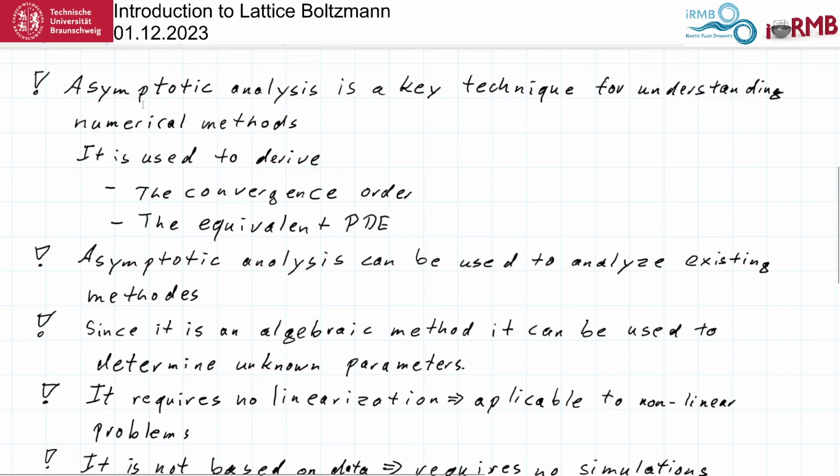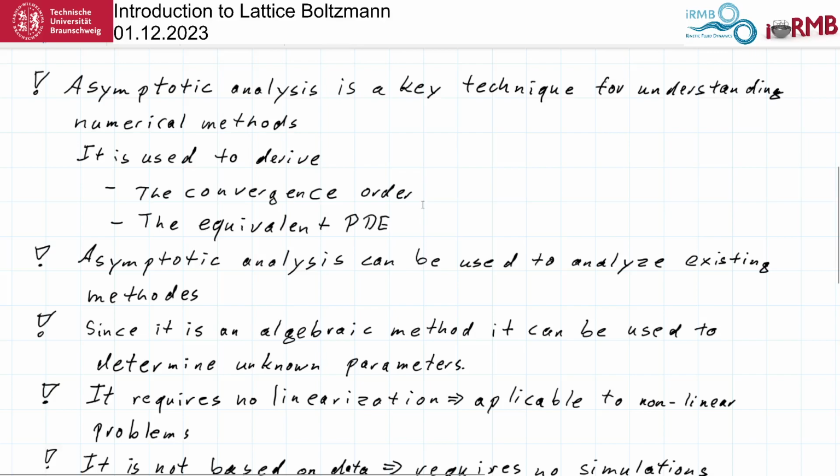So the asymptotic analysis is a method that we can use to analyze numerical methods without actually executing them. Yeah? So nowadays there's a lot of talk about data-driven methods and data-driven analysis. Yeah, that's all fine.